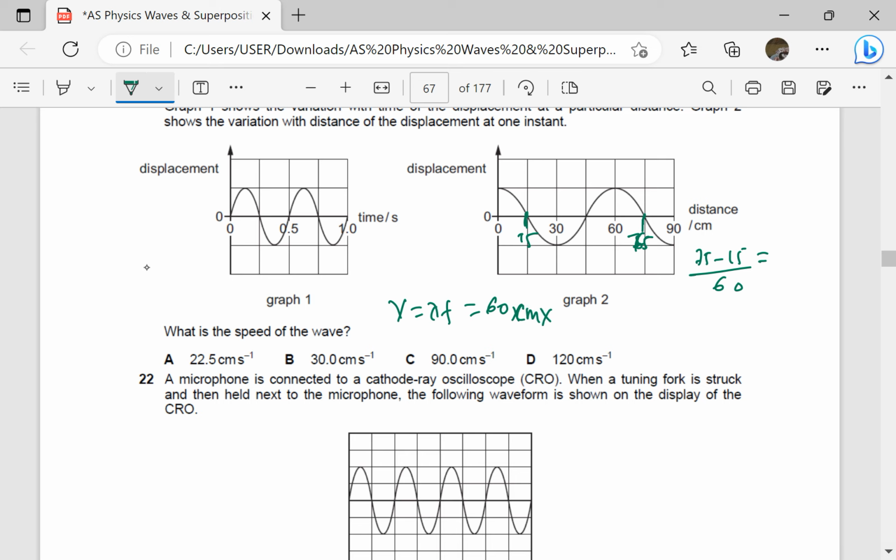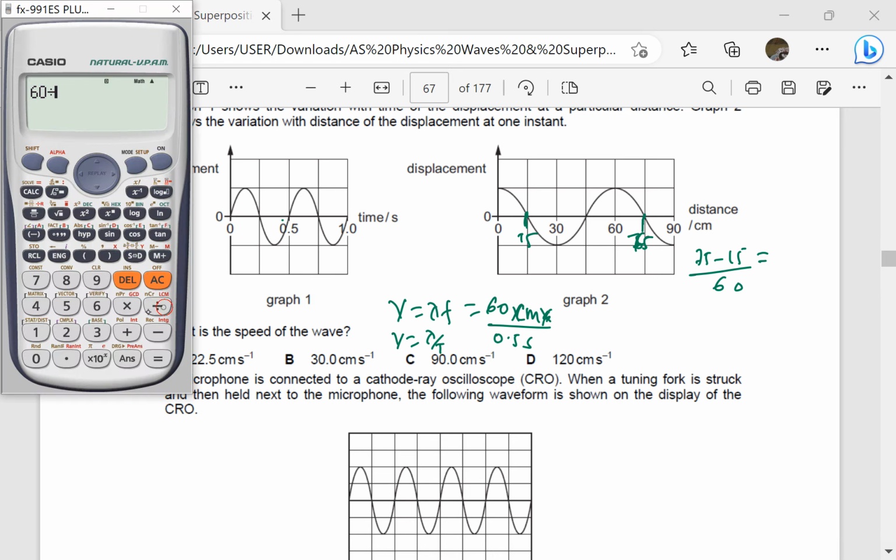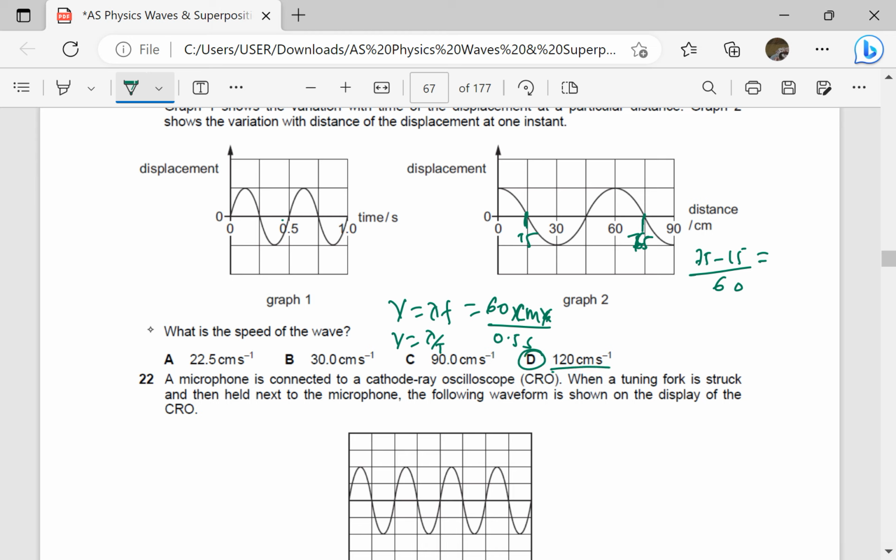Then v is equal to lambda over T, so I will divide by T instead of multiplying. The period is 0.5 seconds, time for one cycle. This means I have 60 divided by 0.5, which is 120. So the answer is 120 centimeters per second.